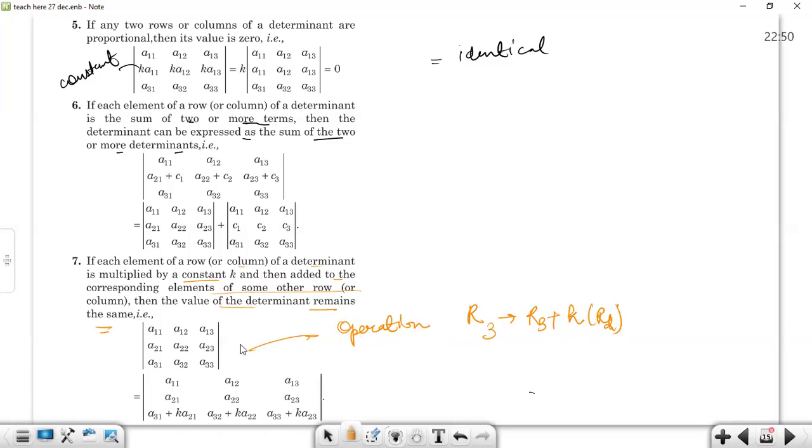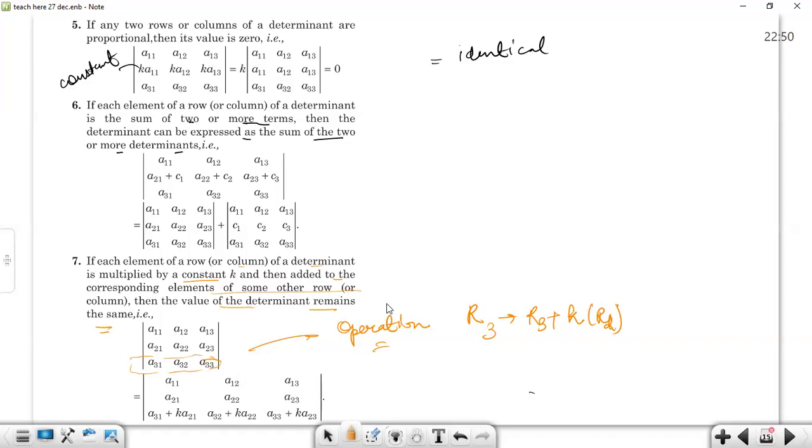Now, after doing this operation, we have basically operated on row number 3. We have modified row number 3. How have we done so? We have added row number 3 with row number 2 after multiplying the second row elements by a certain constant. That's how it is being done. This is the operation acted on the third row. But the property is that the value of the determinant will remain the same after that operation also.